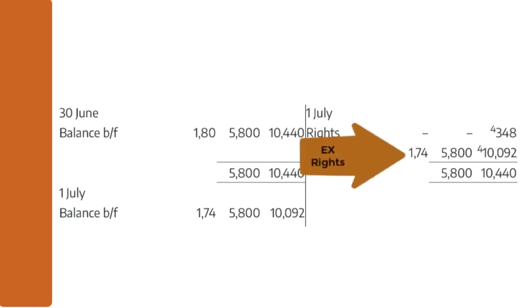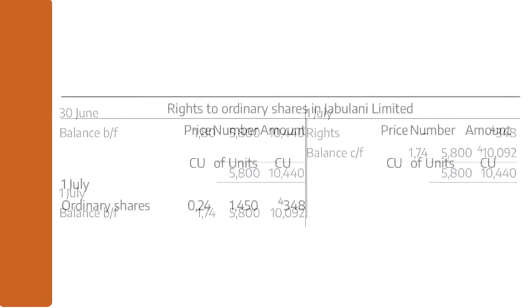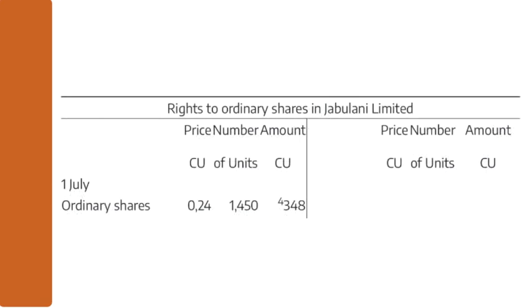To take them down, I need to take something out, something on the credit side of this T account so that it reduces to that R1.74. Where do I take it? To the rights account. This is the value of the rights on day one that I derive from my shares.